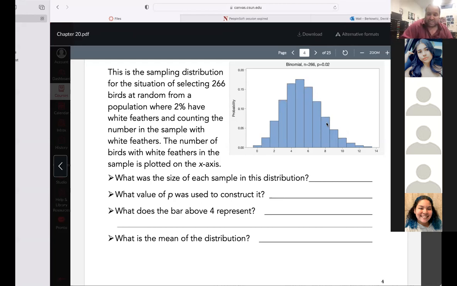So if you actually did get 43, would you say, yeah, I think P is 2%, that's a possible outcome? Or would you say, chances are P wasn't really 2% after all? Which of those is the more likely conclusion to make?